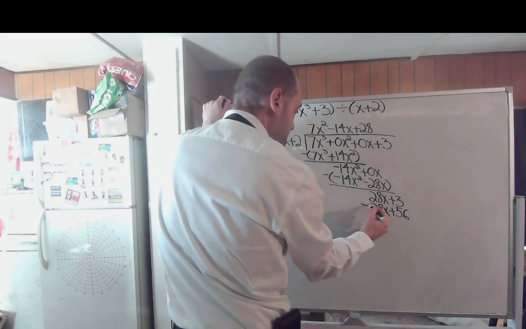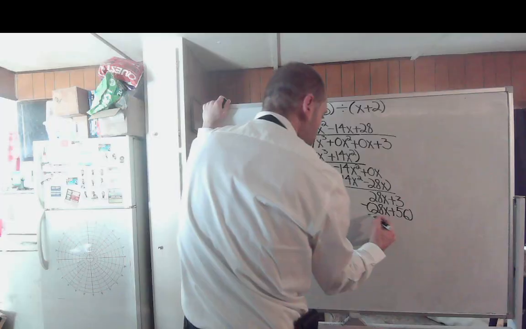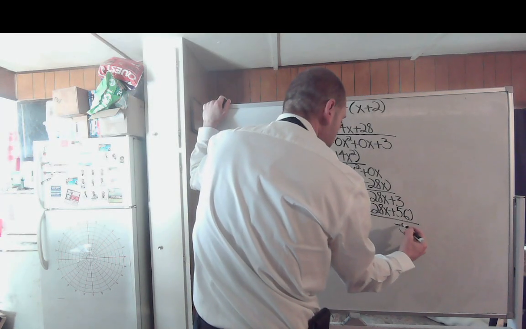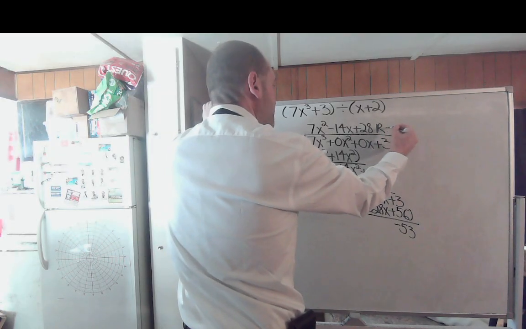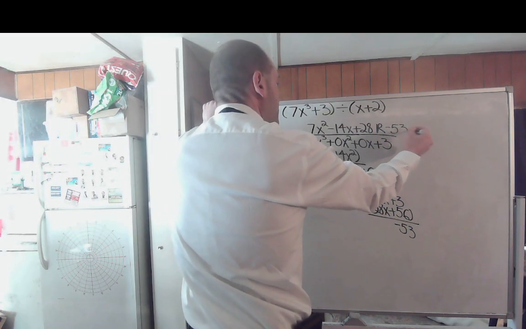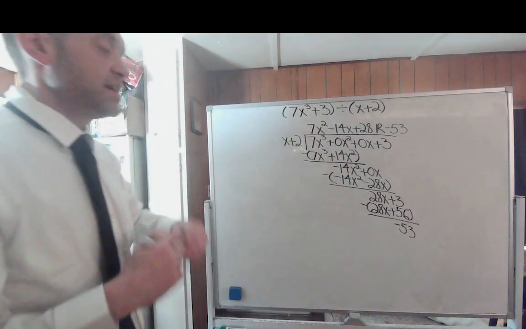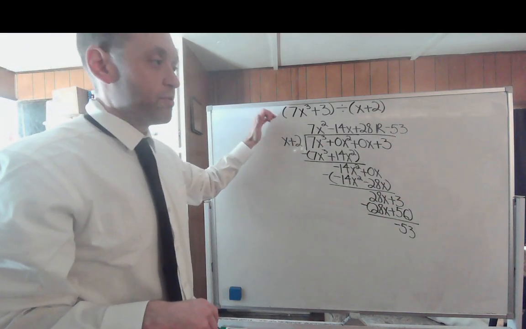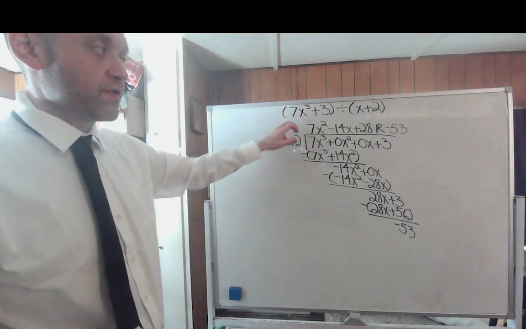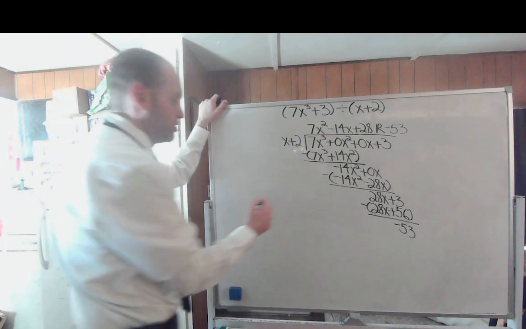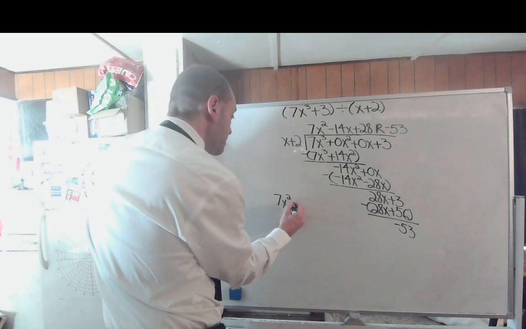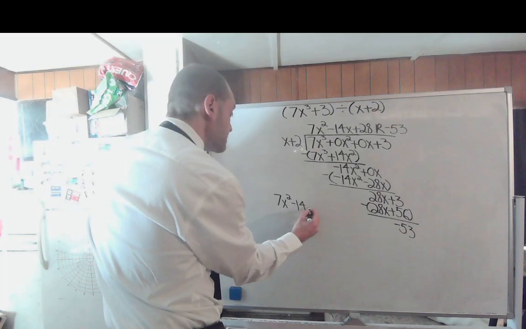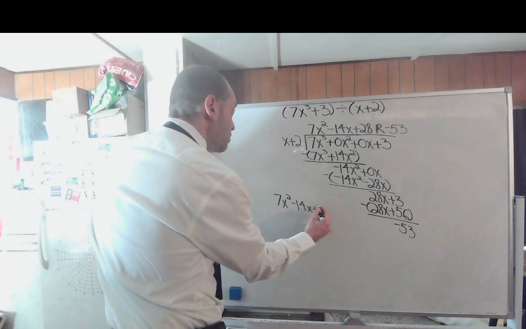Now subtract this row from the one above it. You'll end up getting negative 53. So you have a remainder of negative 53. So how would you write this in the proper form for the factored version of this polynomial? This would end up being 7x squared minus 14x plus 28.